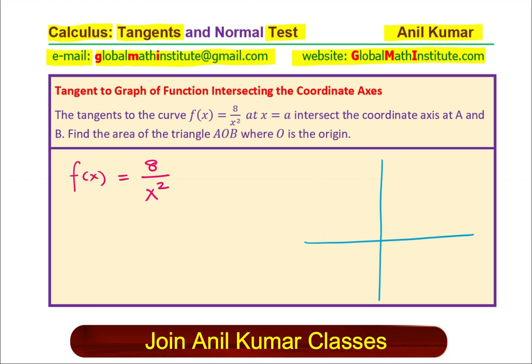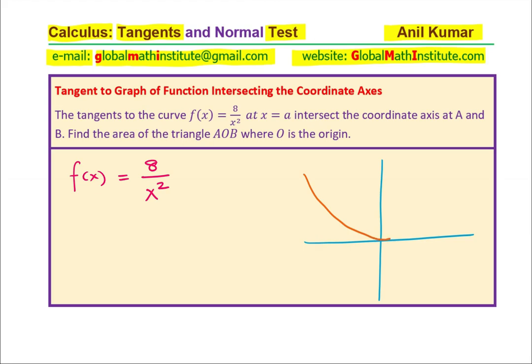So the parabola is kind of like this. Now when we take the reciprocal of this, that is 1 over x squared, we'll have a vertical asymptote at 0. And the other two parts will be like the 1 over x graph, kind of like this. So this graph which I have drawn is of 1 over x squared.